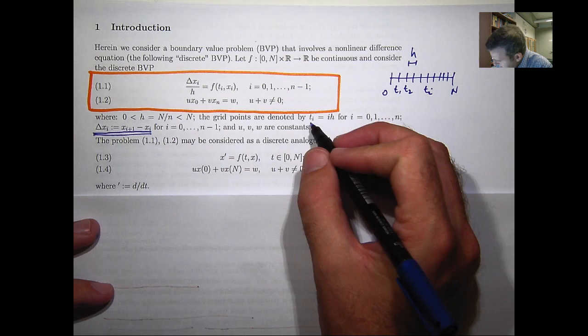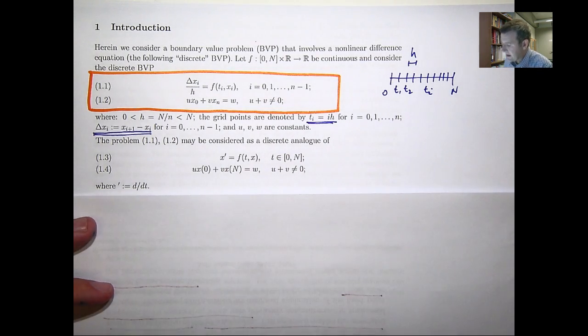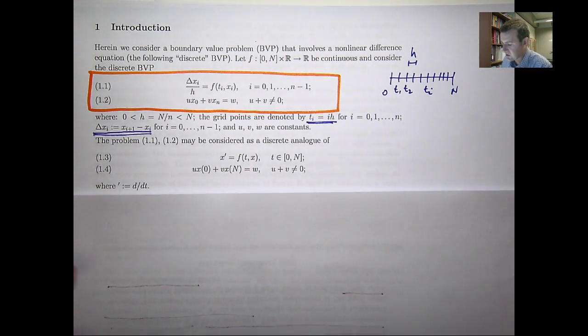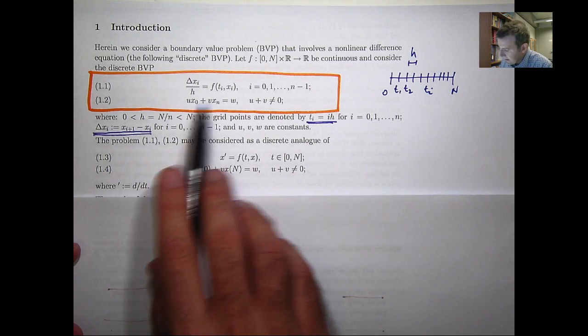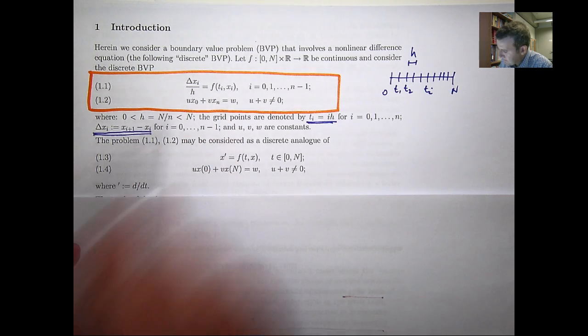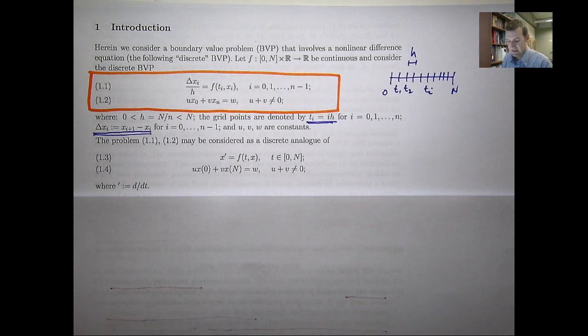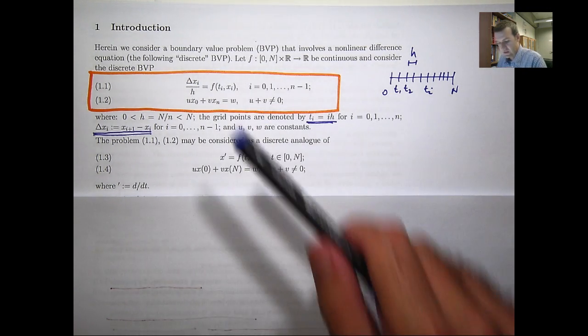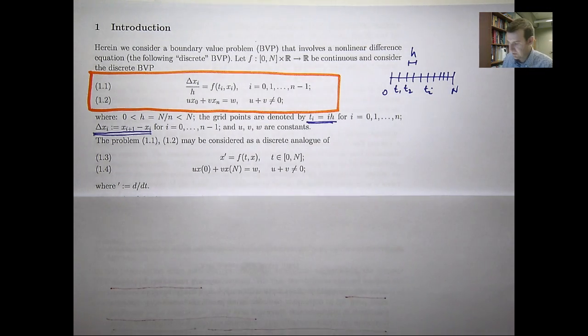Now, in general, t sub i is just ih for i equals 0, 1, 2, 3, etc., all the way up to little n. Now you'll see that we've taken this difference equation and coupled it with some boundary conditions. Okay, so together these things are called a discrete boundary value problem.